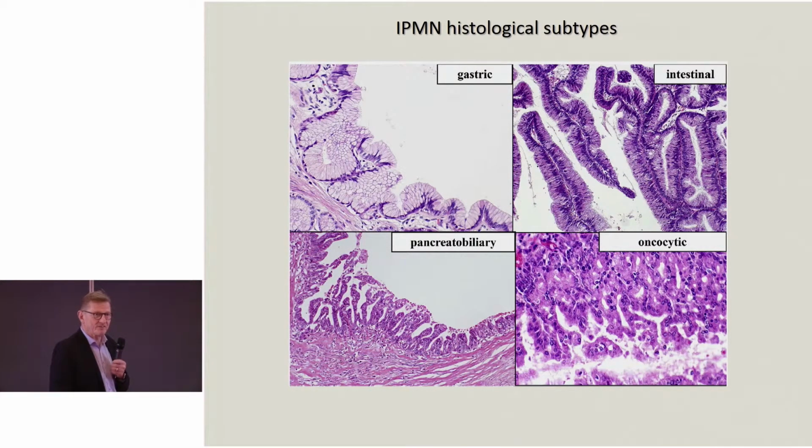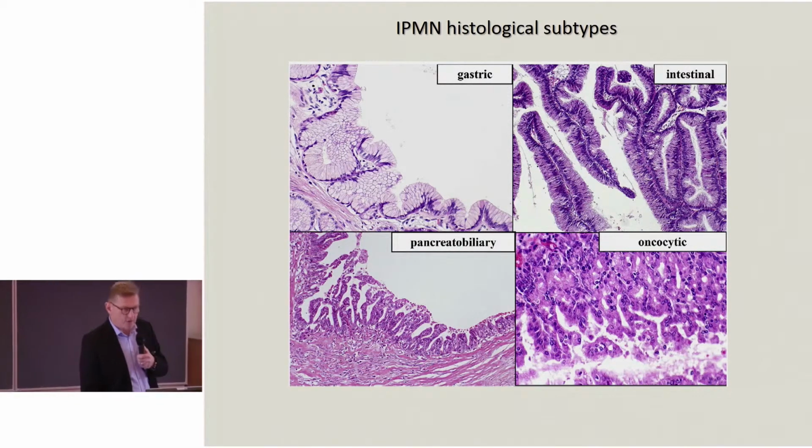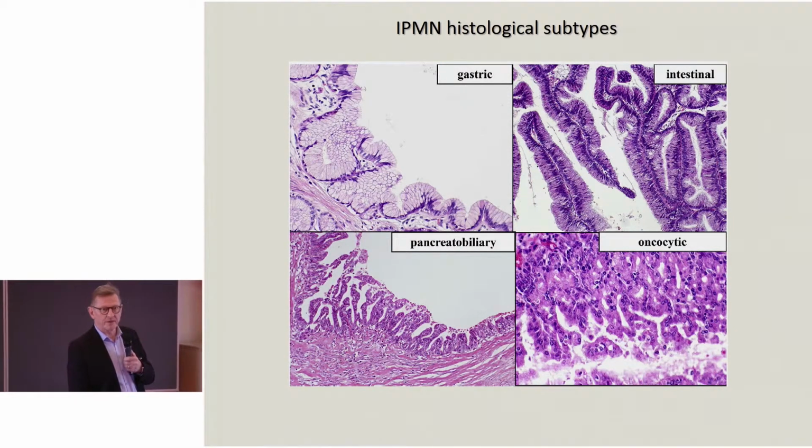The reason that I mention this is that they have different malignant, pre-malignant potential. For instance, the gastric type has hardly any malignant potential, whereas the pancreaticobiliary has potential. So it would be nice to know whether a patient with an IPMN had either of these subclassifications.